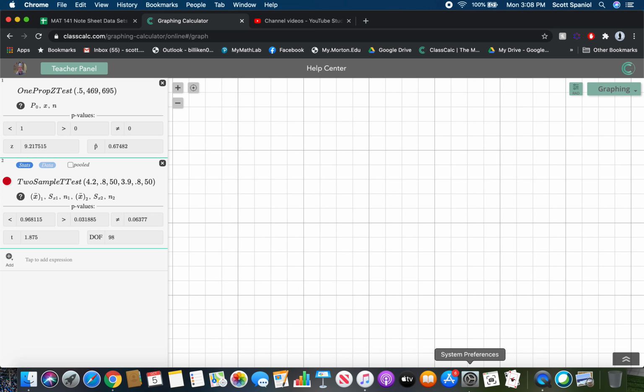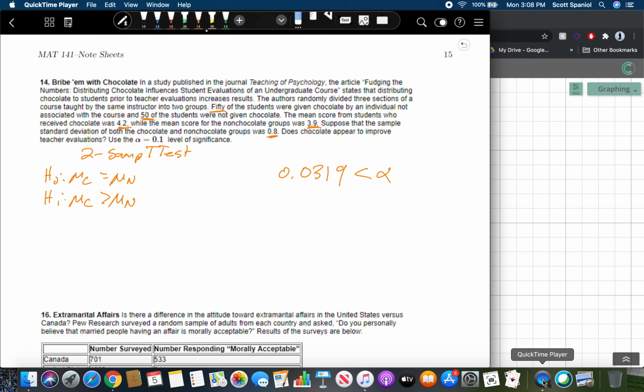So we would reject H naught, and we could say there is sufficient evidence to suggest that chocolate improves teacher evaluations. Giving students chocolate before they evaluate you improves teacher evaluation. So I'm going to have to give that a try.